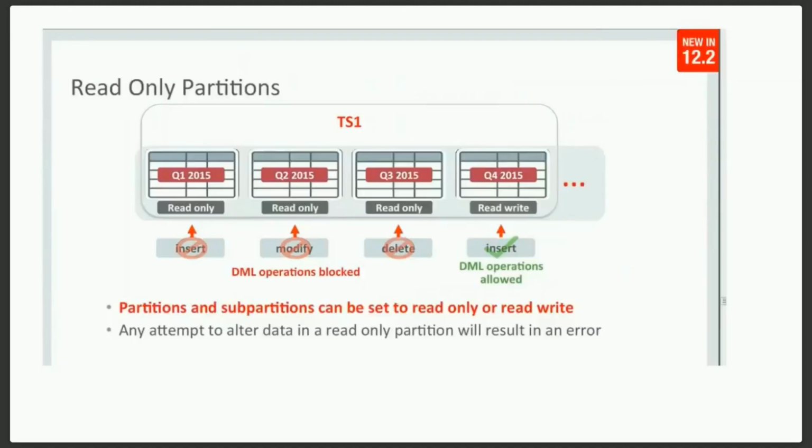Now with 12.2, I can have read-only partitions as well as read-write partitions, and they all could be located in the same tablespace. So I have 4 partitions out here located in tablespace TS1, and 3 of them are read-only and 1 of them is read-write. So I don't have to put them in separate read-only tablespaces. Now the read-only or the read-write attribute can be set at the partition level.